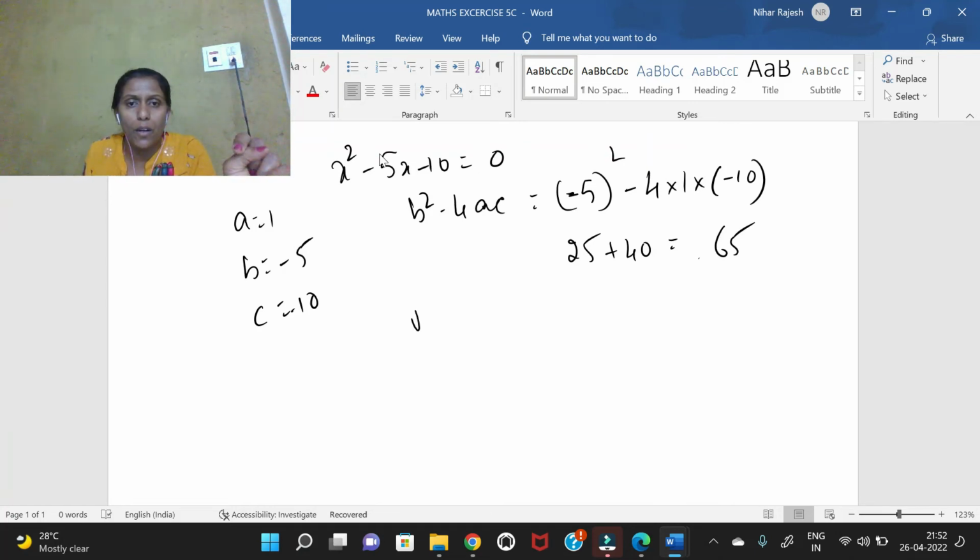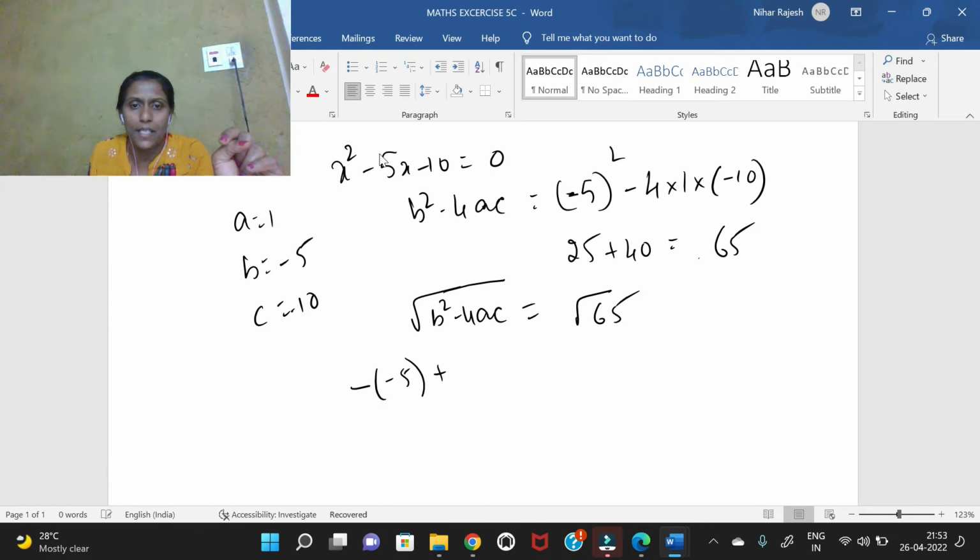So the square root of b square minus 4ac is root 65. Okay. Next, minus b, minus of minus 5, plus or minus root 65 divided by 2 into 1, which is 5 plus or minus root 65 by 2.